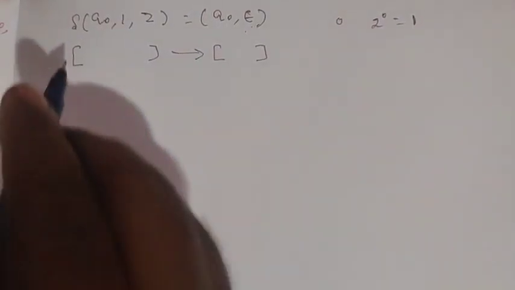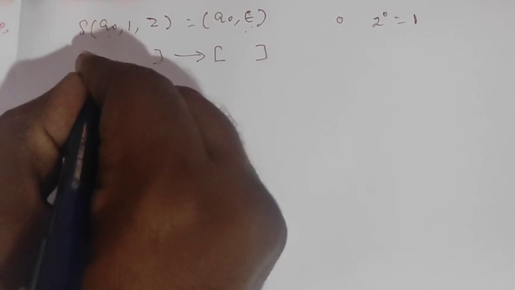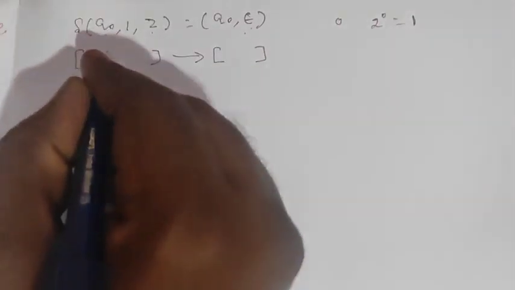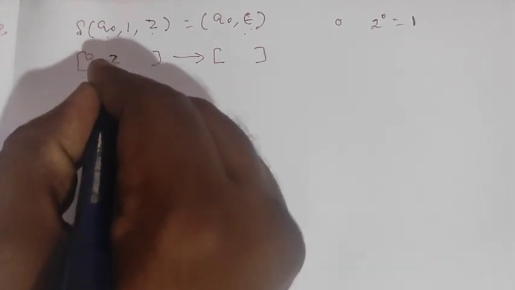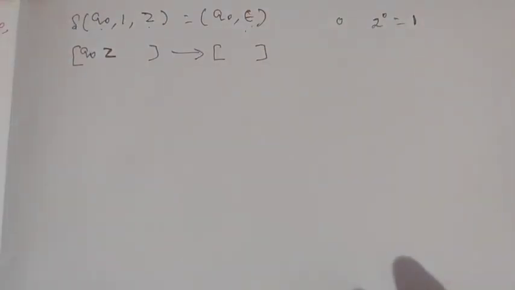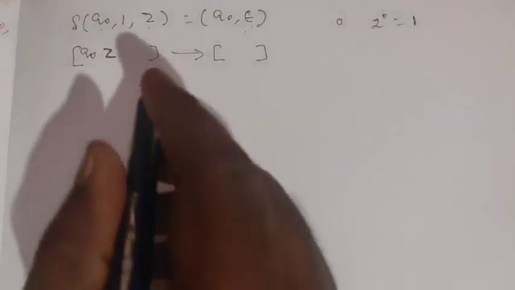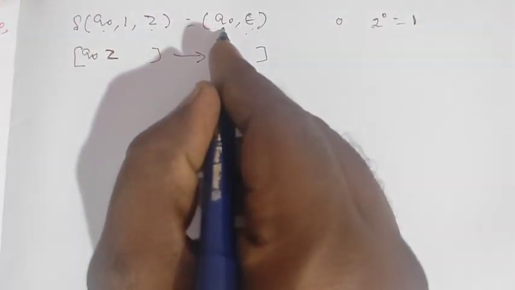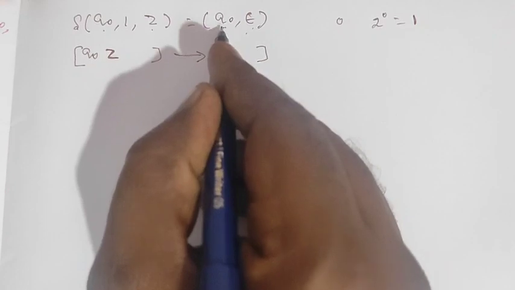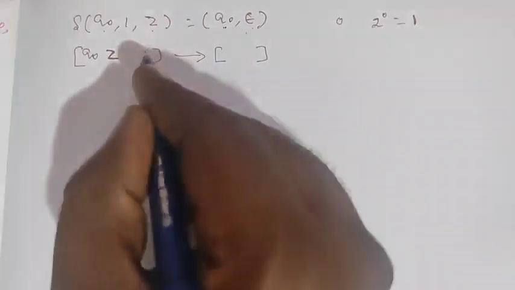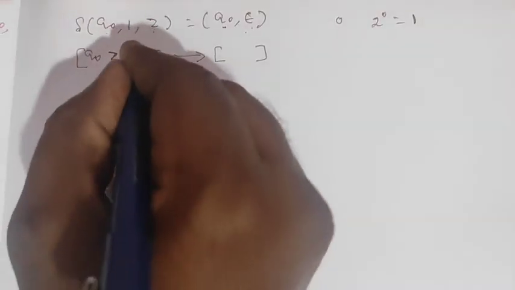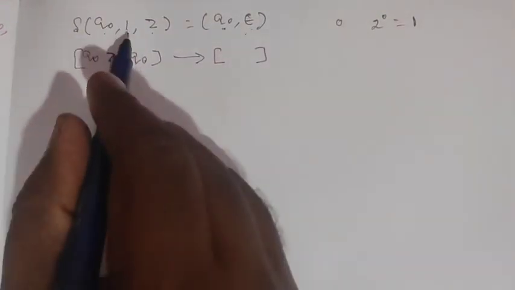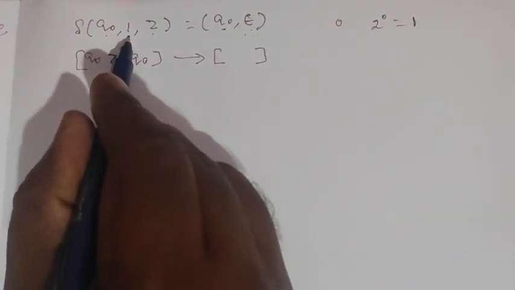Now how to fill this? What is the state here? Q0. And what is the topmost symbol of the stack? Z. And what is the output state? Since this is epsilon, bring this q0 here, and just transpose this 1 here.